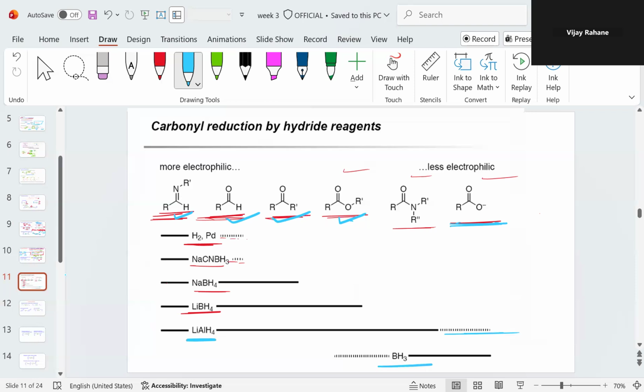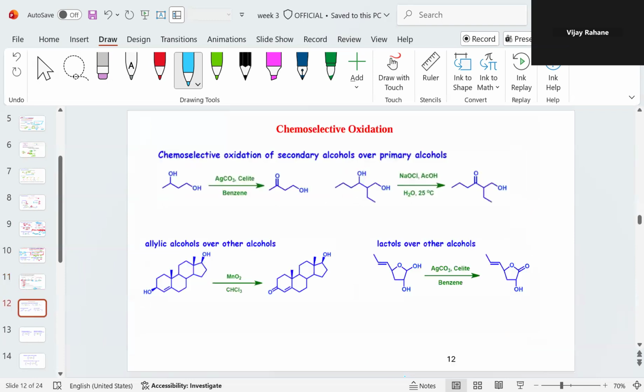But if you add BH3, it can reduce some esters, and amides and acids are more reactive toward BH3. So if you want to reduce the acid as well as the amides, we can use BH3 in THF or diethyl ether. So this is just a summary slide. You can keep this slide noted, so it will help you to solve many problems and questions.